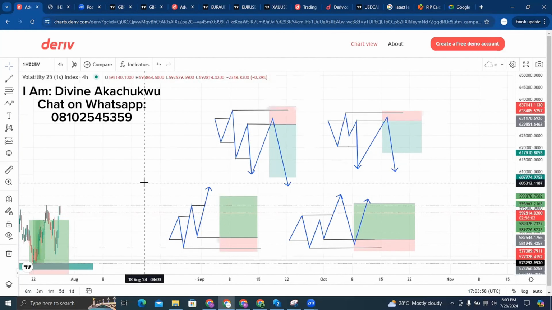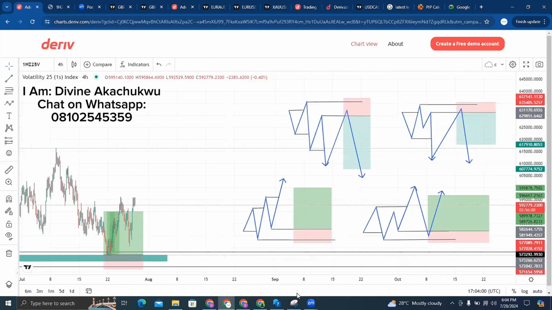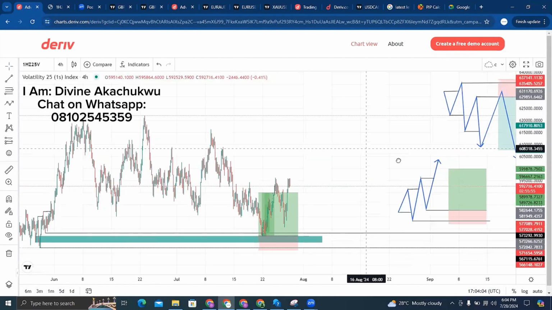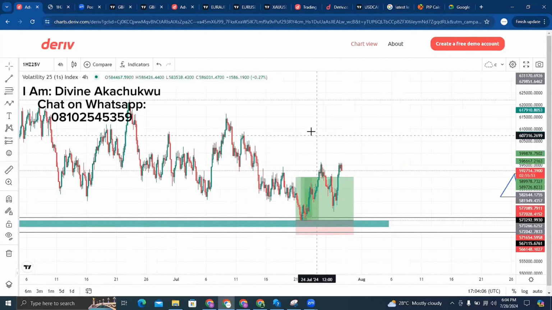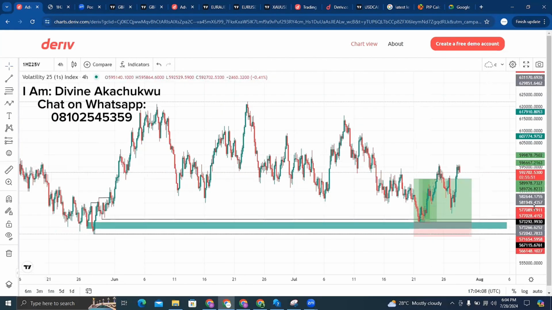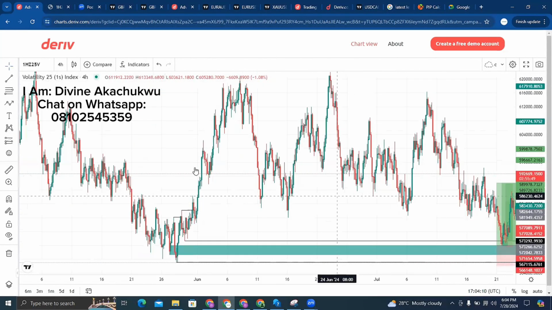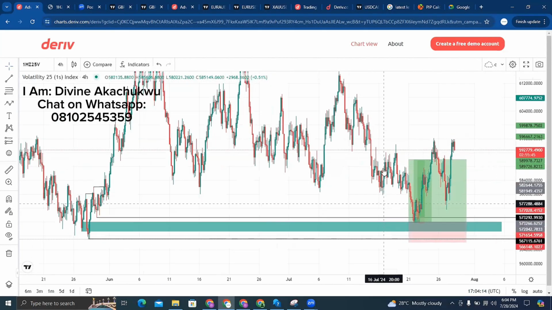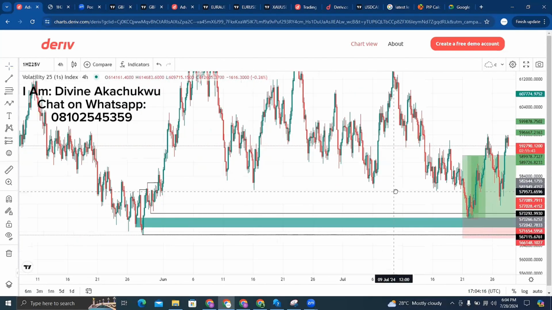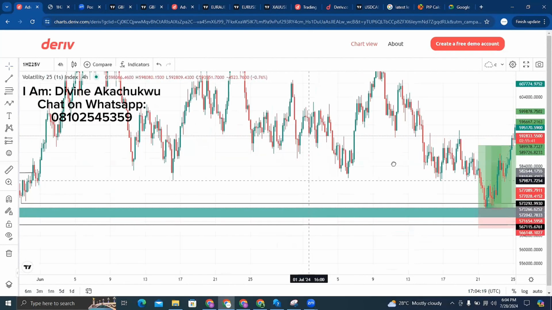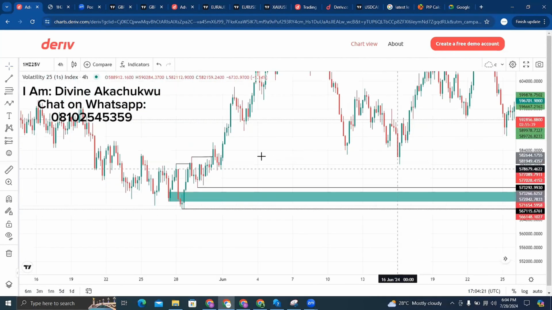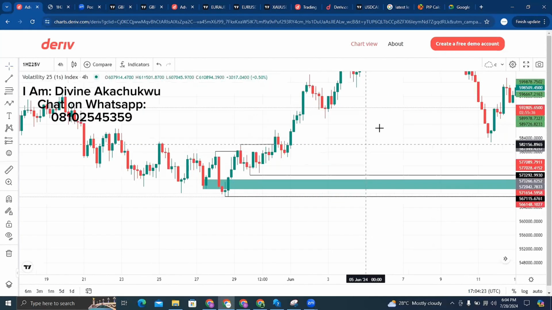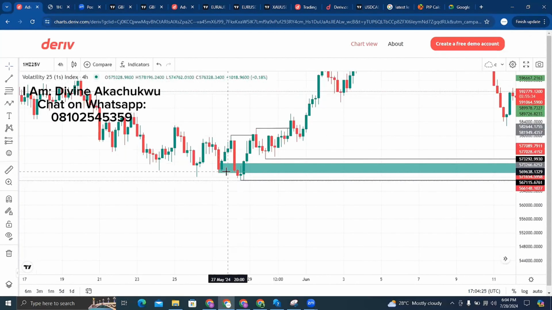Now let's go to the live chart. So like I said, I saw an overall break of structure, but I know price is going to pull back to a certain demand zone. And what validated this setup for me was this. I saw this sweep.